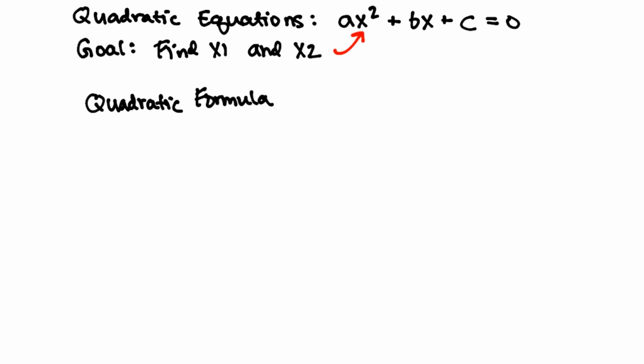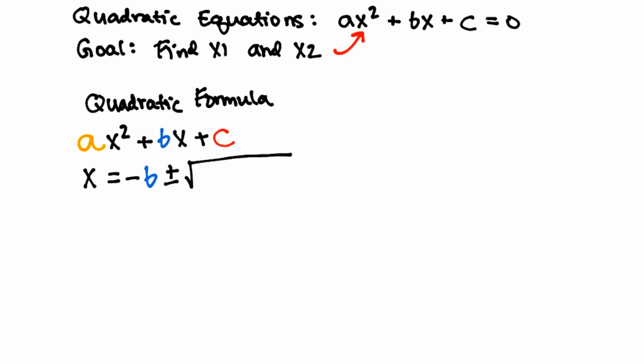The way this formula works is, given any quadratic of the form ax squared plus bx plus c, you can solve for the two values of x using the following formula. x equals negative b plus or minus the square root of b squared minus 4ac, all over 2a.